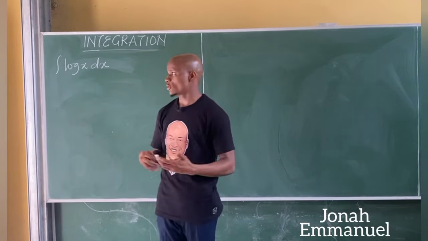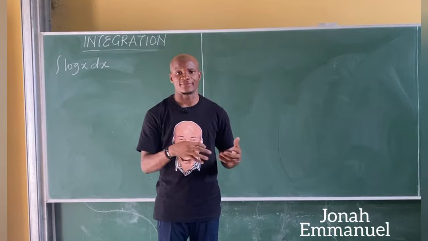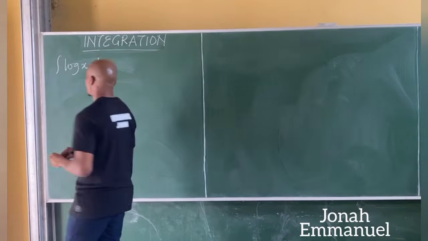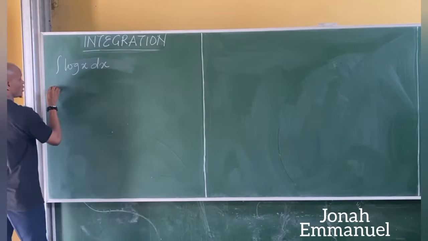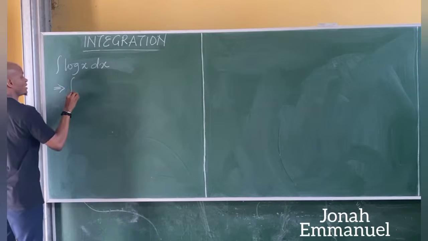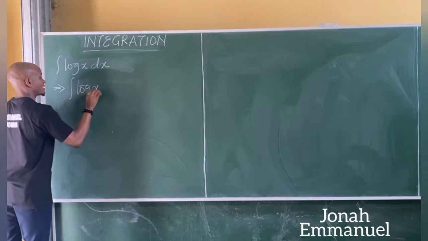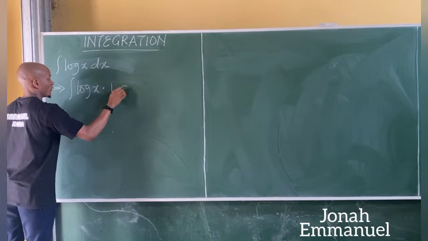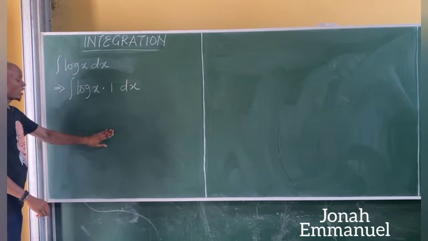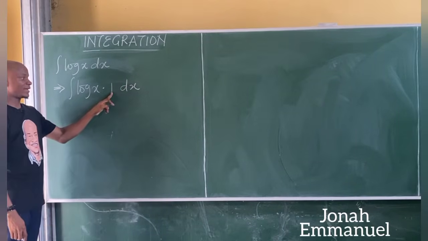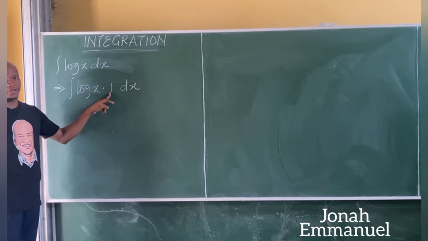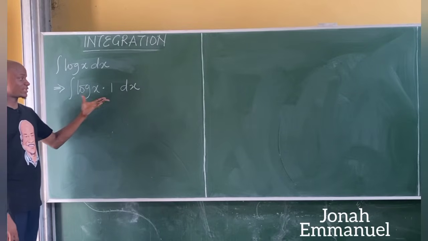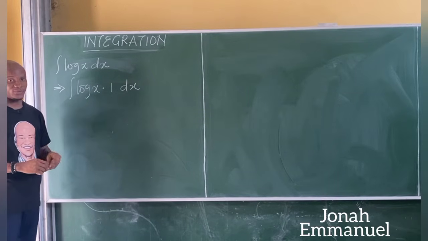So if u is log x, what then is the v? Of course, we know that you can express this as being equal to, same as saying integral log x times 1, of course, dx. So I will express this in this form, and then obviously the v becomes 1. Alright, so this is the concept of solving this question.